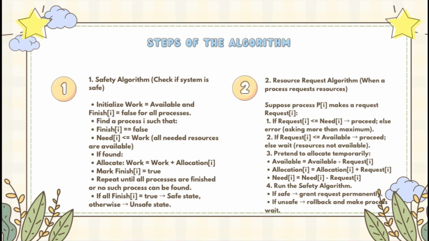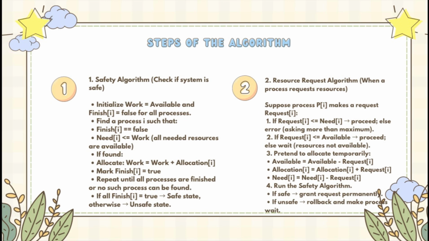Here are the steps of the algorithm. There are two main steps in the problem statement. First is the safety algorithm and the second is the resource request algorithm. The first one initializes Work to Available and Finish to false for all processes.